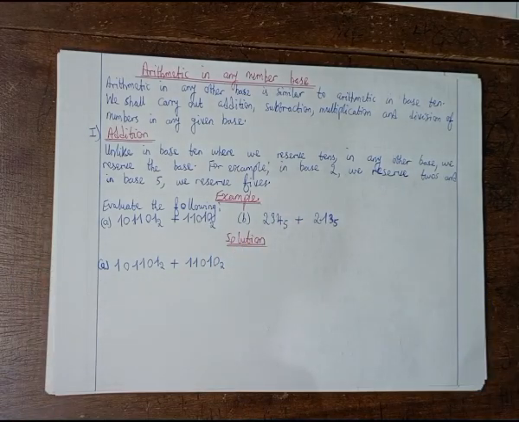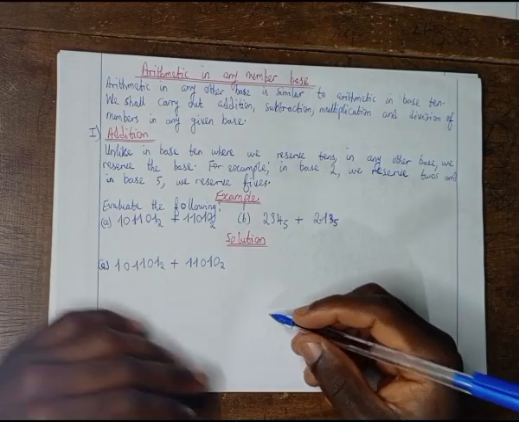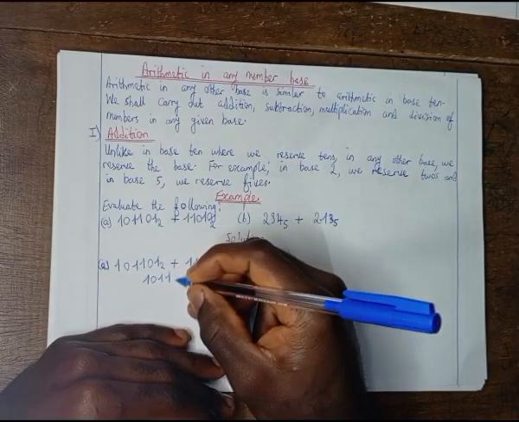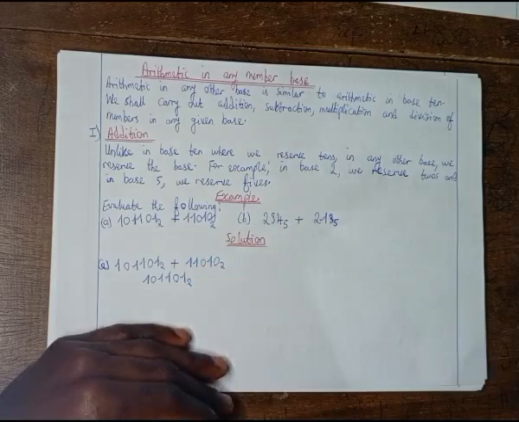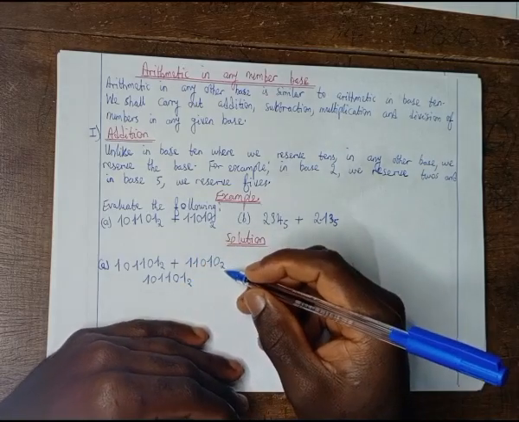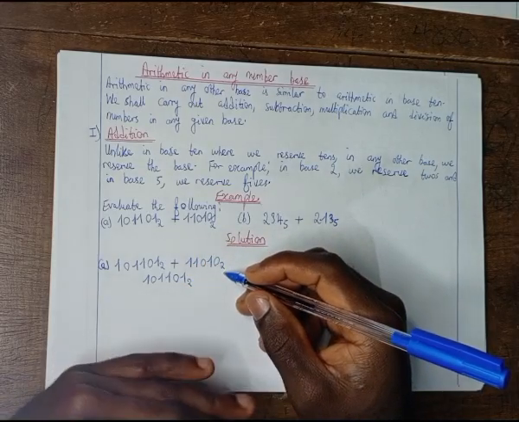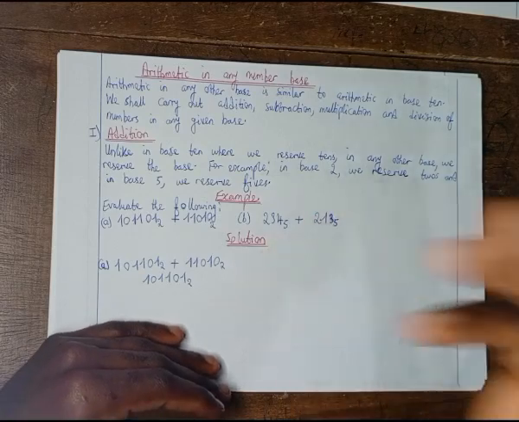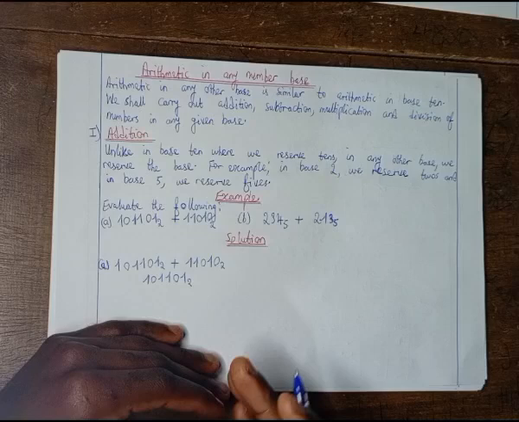For us to add these two binary numbers, first thing we need to start by writing the first number 101101 in base 2, and for the second number we are going to write it directly below the first number in such a way that the bases will be vertically aligned. It will be on a straight line.